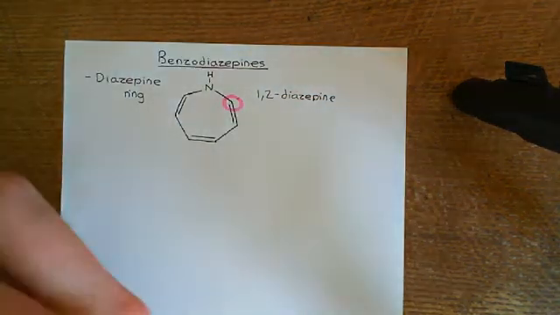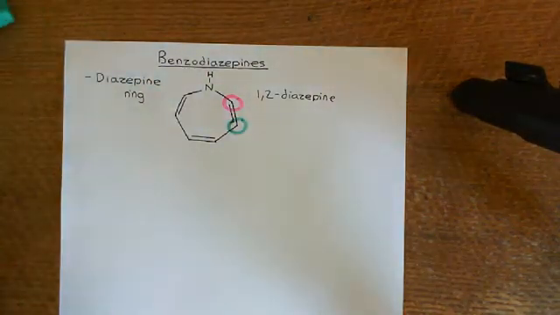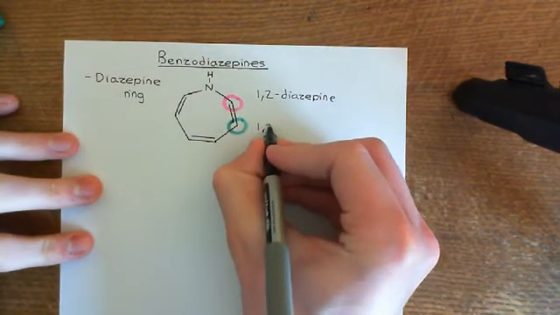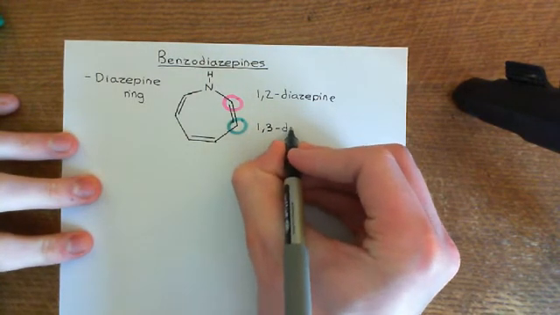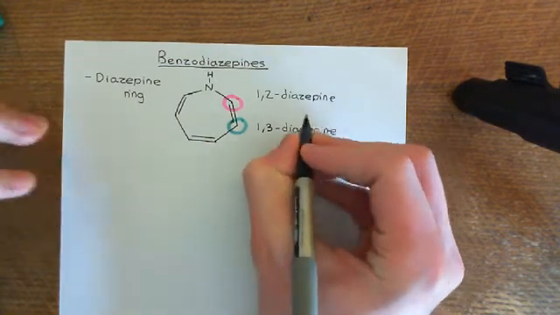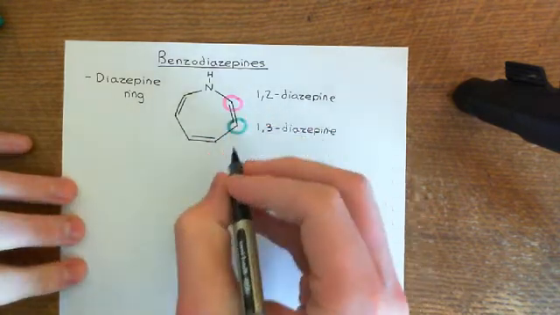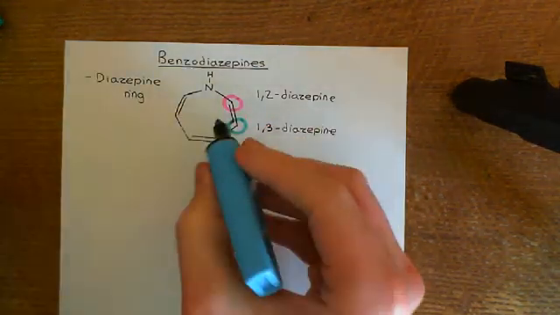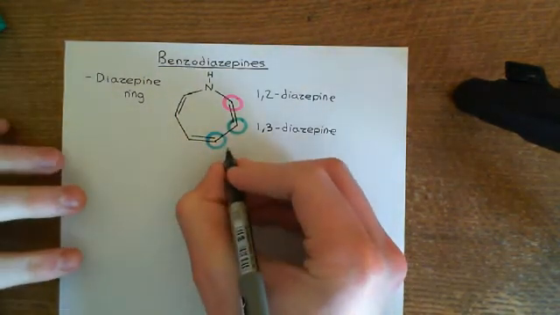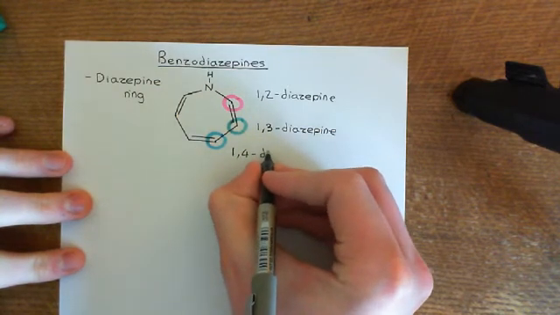If instead you choose this carbon here to replace and put a nitrogen in that position, then it will be a 1,3 diazepine ring, because the 2 nitrogens will be in position 1 and position 3. So this is position 1, then you count 2 and 3. If on the other hand you pick this position here to substitute in your nitrogen, then that will be what's known as a 1,4 diazepine ring.